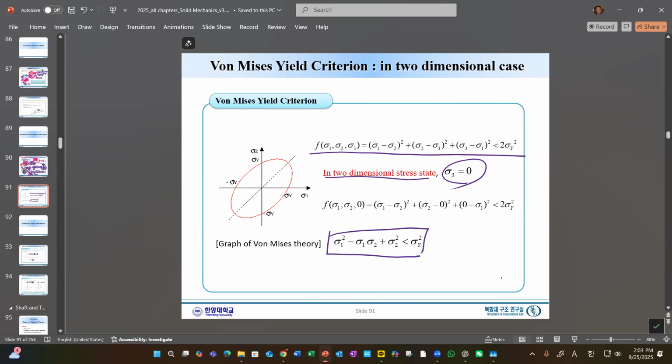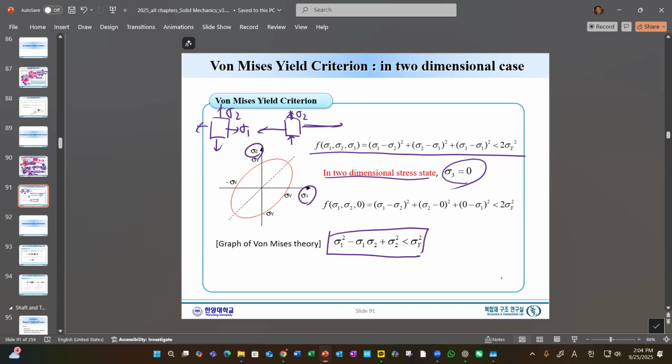So if we plot in a plane, this is the sigma 1 and sigma 2 plane. It's not the Mohr circle, don't get confused. We simply have sigma 1 and sigma 2. You may have a very large sigma 1 and a small sigma 2.